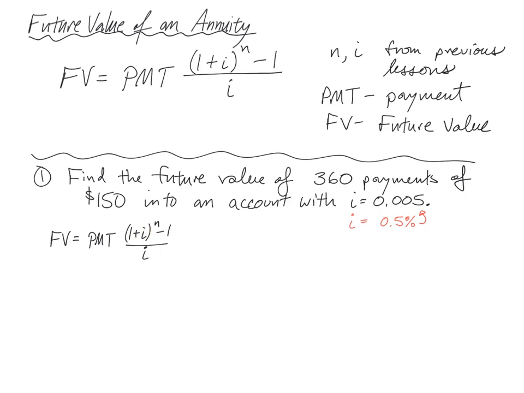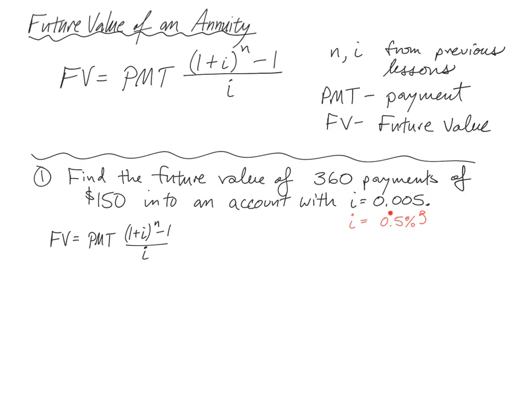So what would this scenario look like in real life? 360 payments. Usually, that would be once a month, which would be 30 years of payments, which is normally the length of a career. And putting $150 into an account would be something akin to saving $150 per month for retirement.